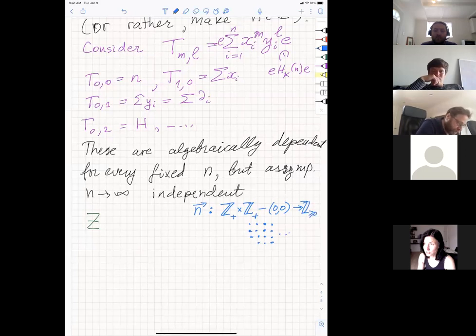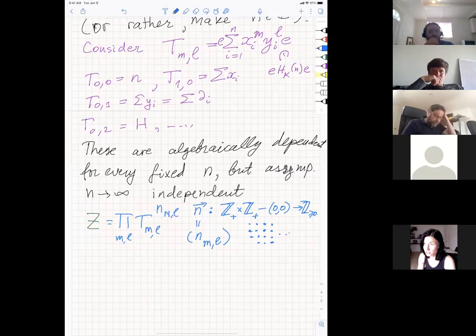So this is a collection of numbers n_{ml}. So this is the product over m and l of t_{ml} to the power n_{ml}.